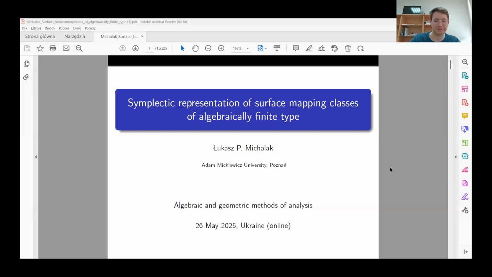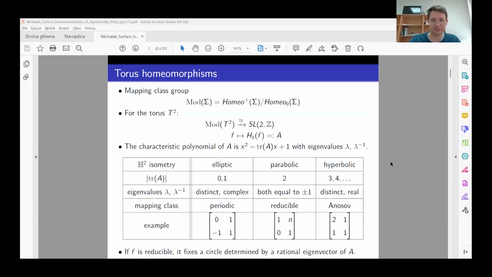Yes, thank you very much for the introduction. So I would like to talk about the mapping class group and its symplectic representation in a specific part of the mapping class group. First of all, recall that the mapping class group of a surface or a manifold is just the group of all homeomorphisms.